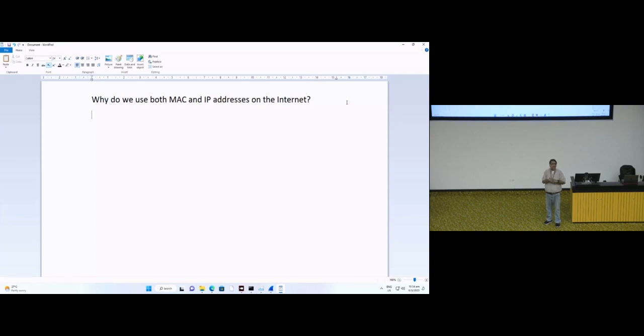Anyone else? Yeah. IP address is shared, yep, and MAC addresses are not. Okay, good. But that's a fact about IP and MAC. Does that explain why we use both? Okay, so somebody should challenge me and say, why is this a question worth asking?